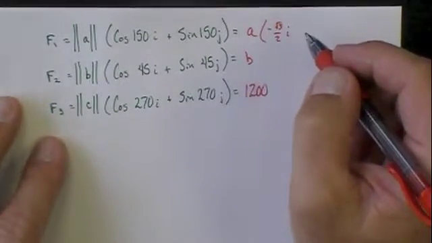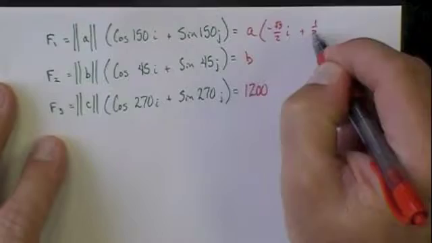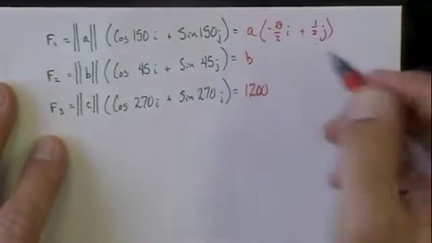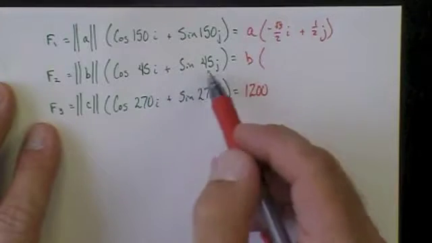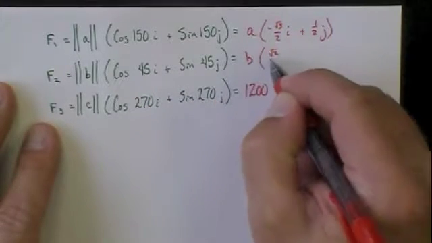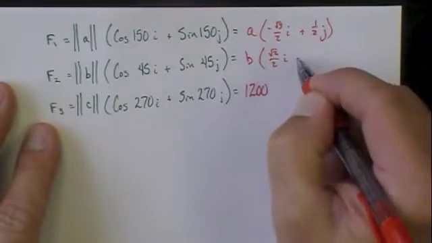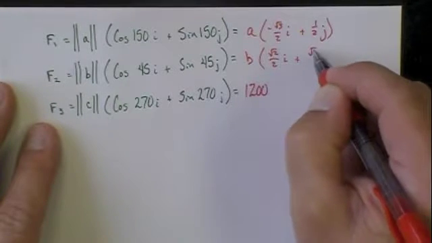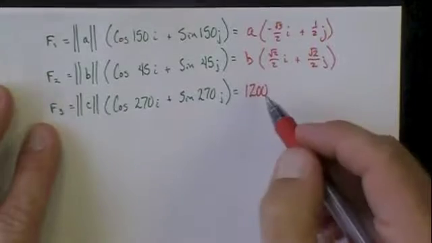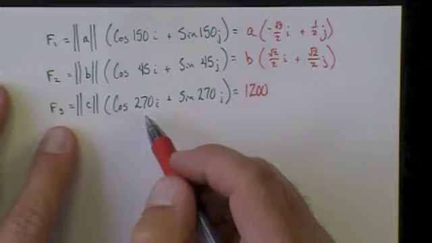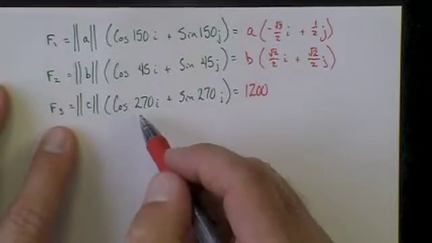And then the sine of 150 is 1/2. That is our j component. Then on our next one for force 2, we have cosine of 45 and sine of 45, both of which are square root of 2 over 2. So that's both for our i component and our j component. And then for cosine of 270, that's equal to 0.